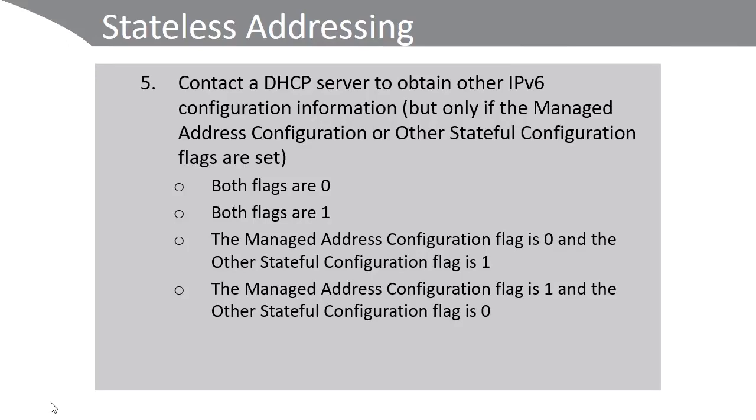So these are the 4 possible permutations of those 2 flags. And remember, only if the managed address configuration or other stateful configuration flags are set on, or 1, will it contact a DHCP server for further configuration. If it contacts a DHCP server, it will apply DHCP version 6 settings.